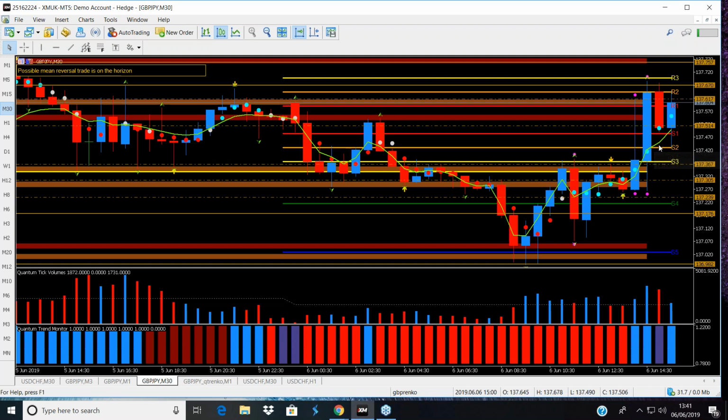It's called an inside day. This isn't an inside day, it's a 30-minute candle, but you get the same type of price action, whether it's triggered by volatility or it's just normal price action.